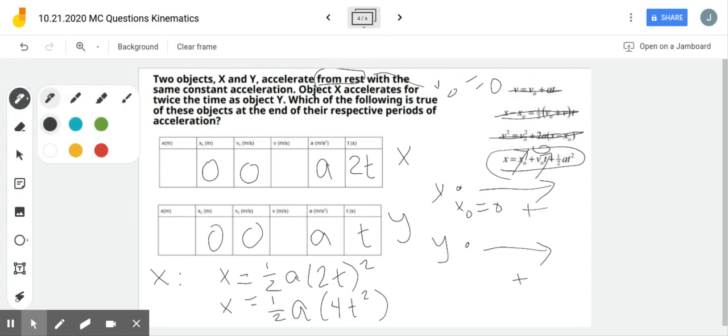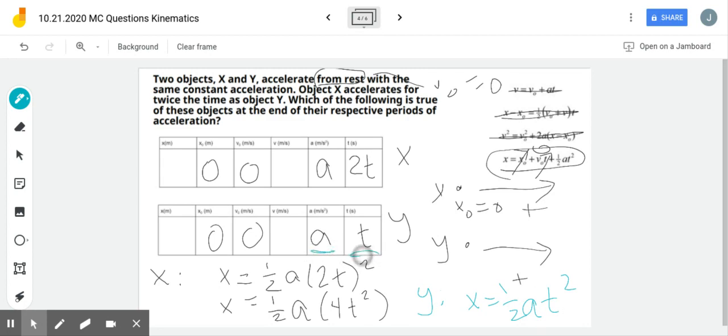Okay, now I'm going to do a different one for y. For y, I have that x equals 1/2 at squared. The a is a and the t is t. So 1/2 at squared.